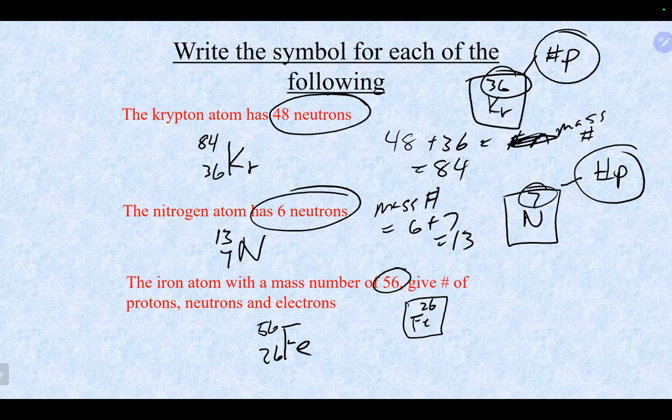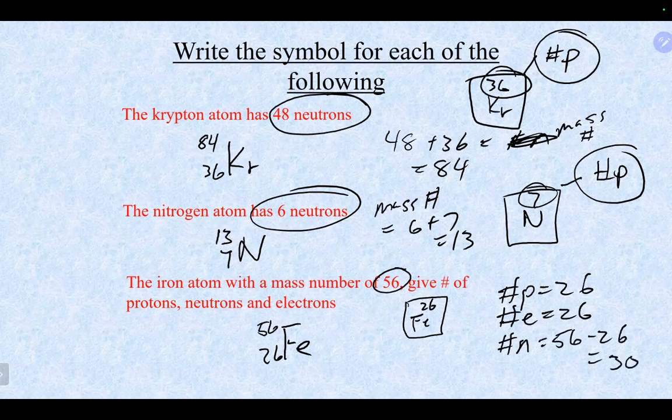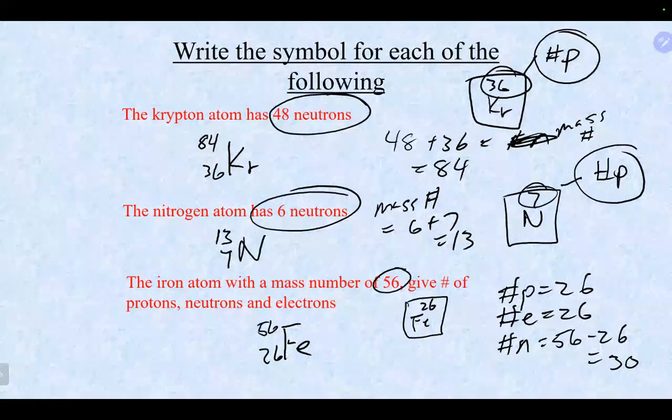From that information, we know that iron here would have, in terms of protons, 26. Again, it is neutral, so it will have 26 electrons. And our number of neutrons here would be 56 minus 26, which would be 30 in this case. Any questions on mass number, atomic number, number of protons, electrons, neutrons?